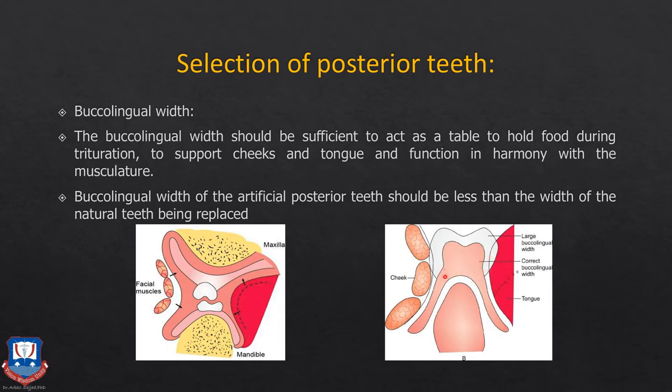This is for the stability of the denture, as well as the fact that if a patient has been edentulous for a long time, the tongue grows in size and the cheeks lose their tonicity, thereby reducing the corridor where the teeth need to be placed.